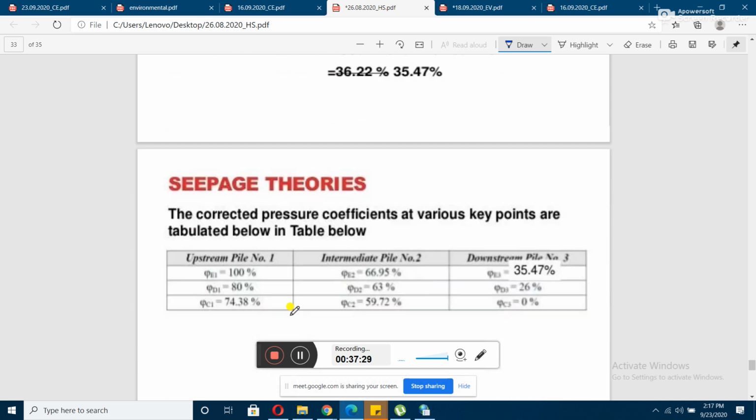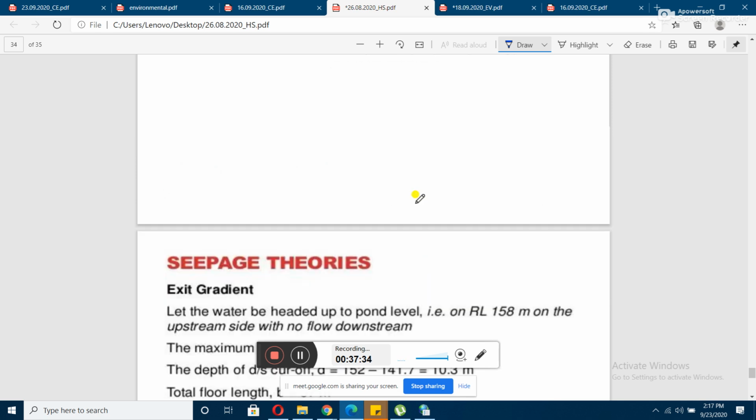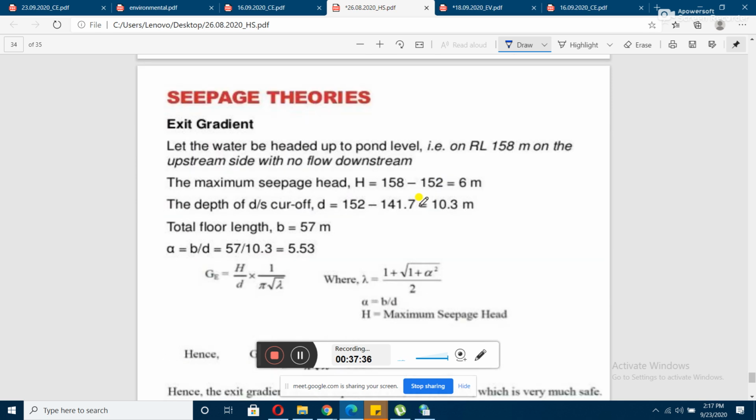Okay, so this is the compilation of all the results we have got. At the end, we have to calculate the exit gradient. How will we get the exit gradient? We know this particular formula, we have already discussed it, right, where H is the maximum seepage head.